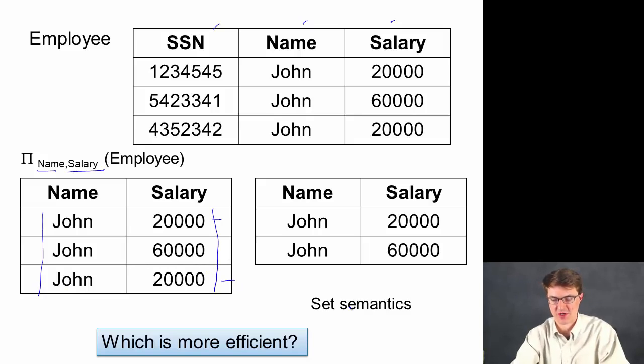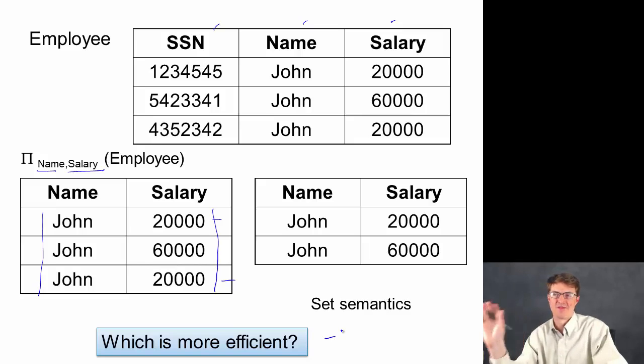And so the question here is which one's more efficient? Well, removing duplicates is expensive, so just leaving them in place is more efficient. And in fact, that's really one of the key motivations why commercial databases assume bag semantics: on every single query where you want to choose which columns you have, having an extra step to remove duplicates is sort of wasteful.